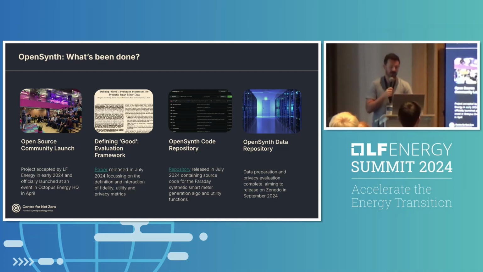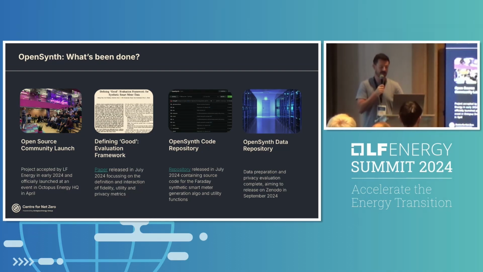So this paper focused on three main topics: fidelity, how realistic the data is; utility, how well the data can be used in place of actual smart meter data; and privacy, how private it is, how easy it is to get through to the raw personal smart meter data.